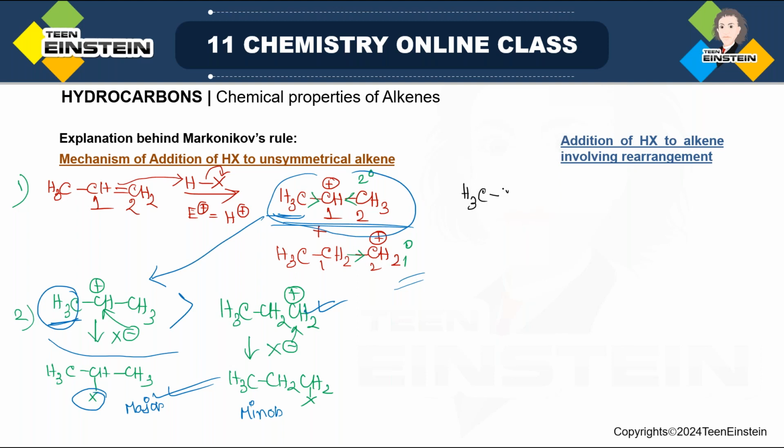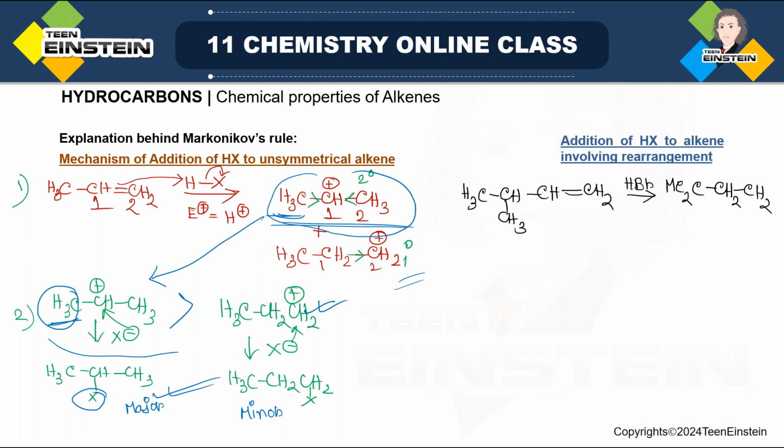So what substrate will we take? Look at this substrate. Here suppose we are treating it with HBr. First of all, we will see what carbocations are possible here. For simplicity I am writing Me2C, which is the middle left-hand side part, then CH, then CH2, CH2.